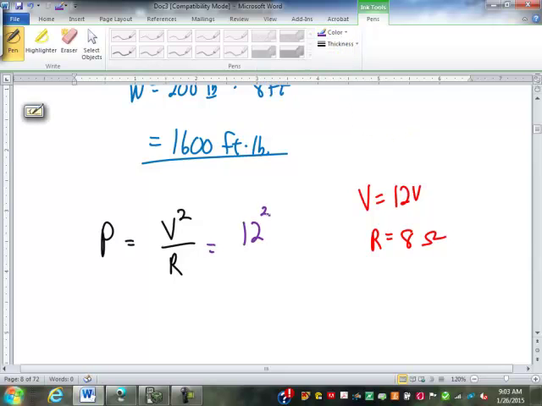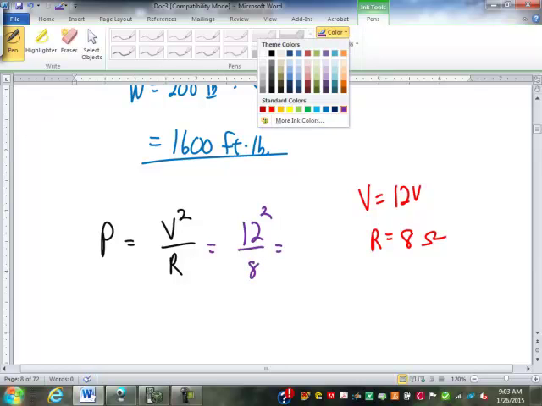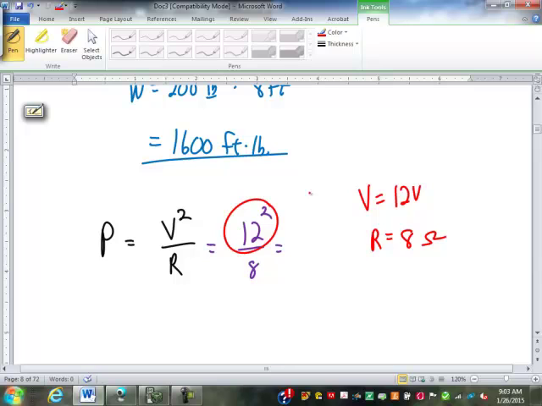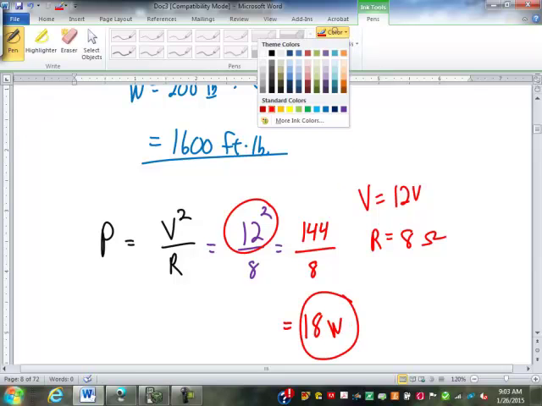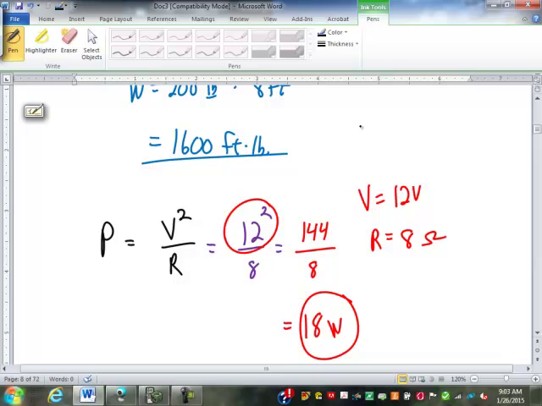We're going to put 12 squared over 8. Order of operation says you must square this first. 12 squared is 144. Divided by 8, which will give us 18, and that's going to end up being watts. This is going to be the units, but for now I'm just worried about the numbers, not the labels.